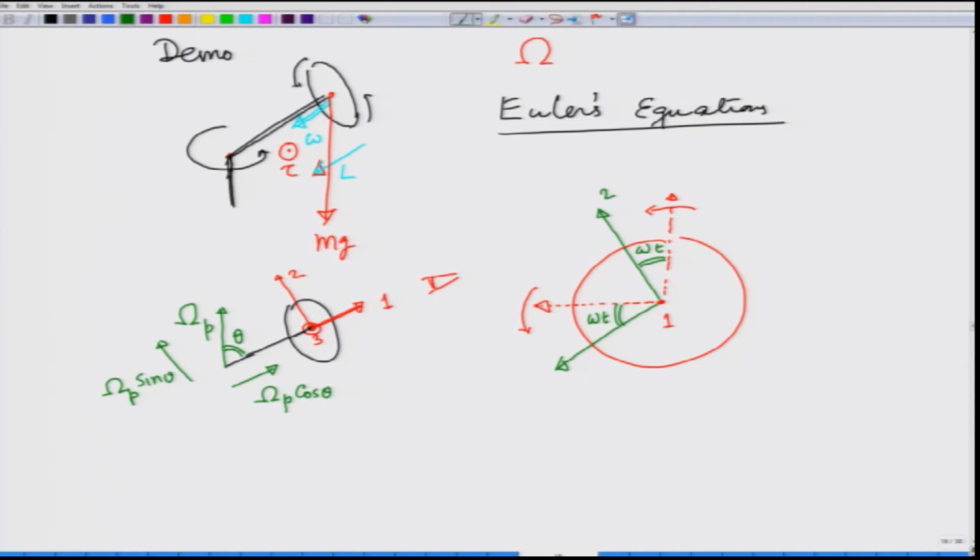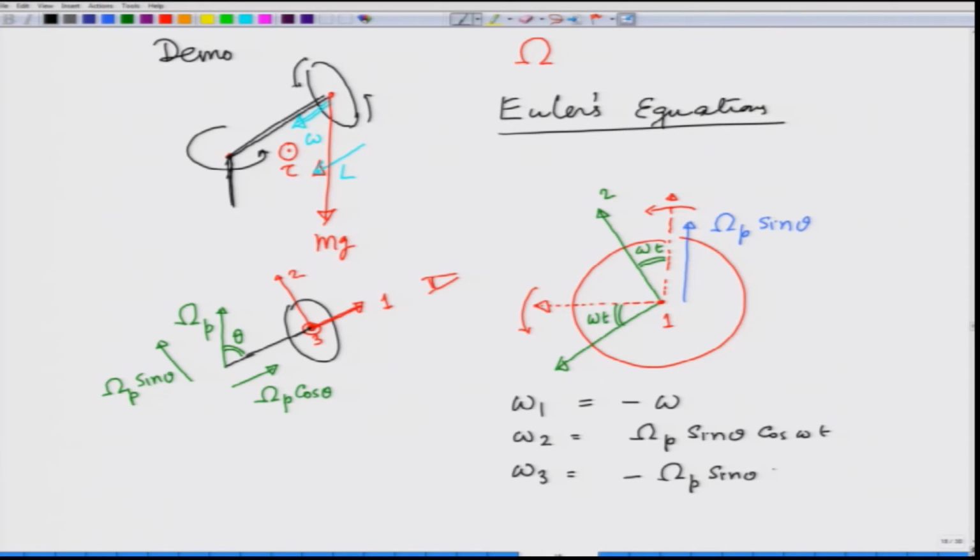So, I can write omega 1 as minus omega spin, omega 2 as omega p sin theta cosine of omega t, and omega 3 as minus omega p sin theta sin of omega t. We have identified omega 1, omega 2 and omega 3.